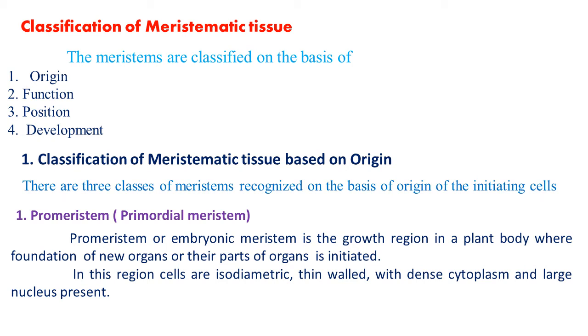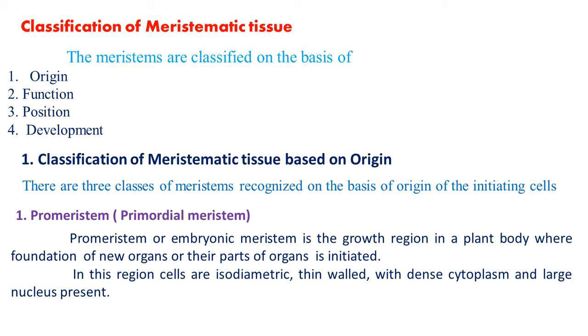First of all, promeristem, primary meristem, secondary meristem. Promeristem is embryonic meristem, the growth region in a plant body where foundation of new organs or parts of organs is initiated.